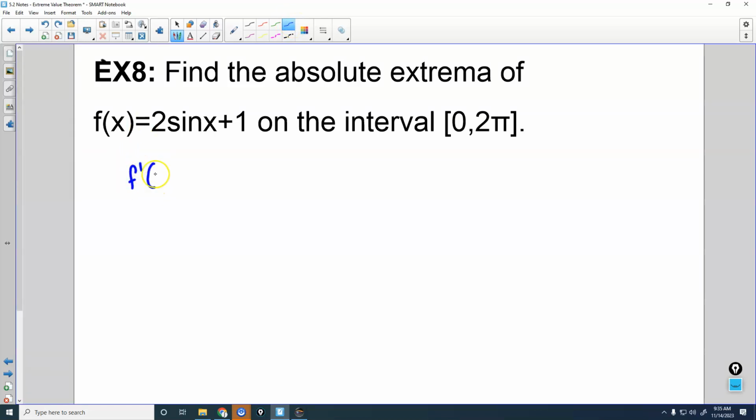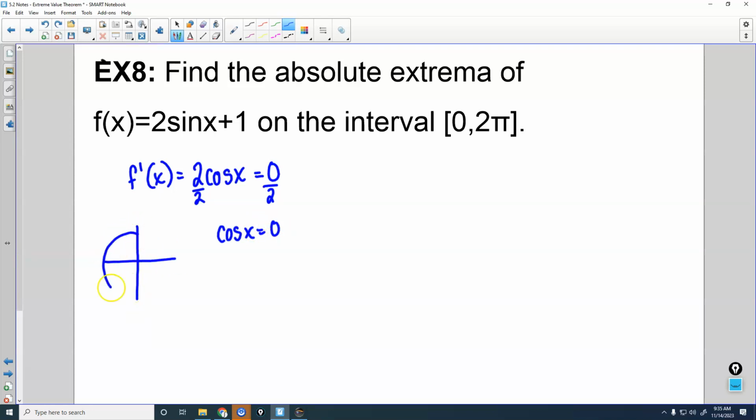F prime of x here is going to be 2 cosine of x. We want to know where this would equal 0 or undefined. So we could just divide both sides by 2. We are thinking about where cosine x equals 0. On your unit circle, you're trying to think, where does cosine equal 0? Cosine is your x coordinate.